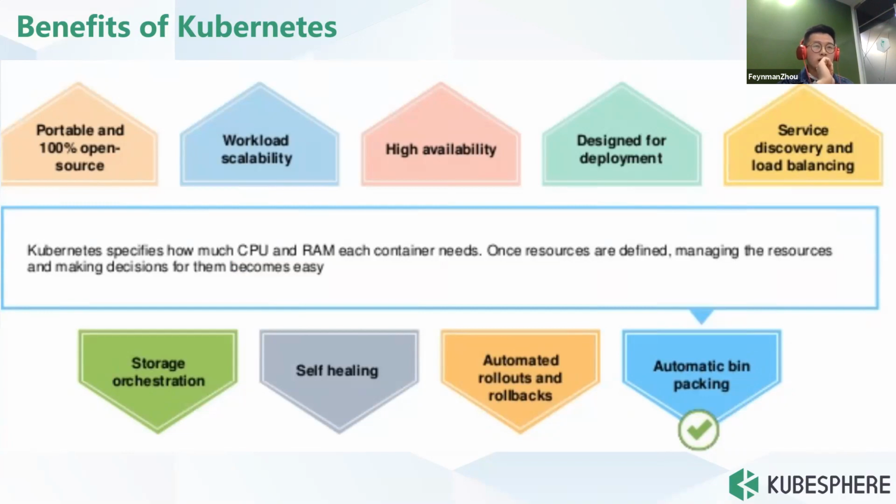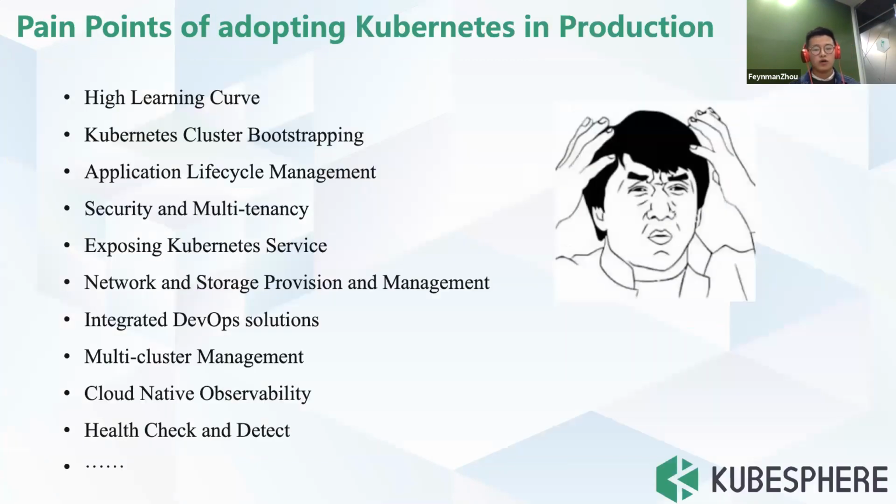Kubernetes has workload scalability, high availability, and is designed for deployment. Also, Kubernetes has service discovery and load balancing, storage orchestration, networking, self-healing, automated rollouts and rollbacks, and so on.